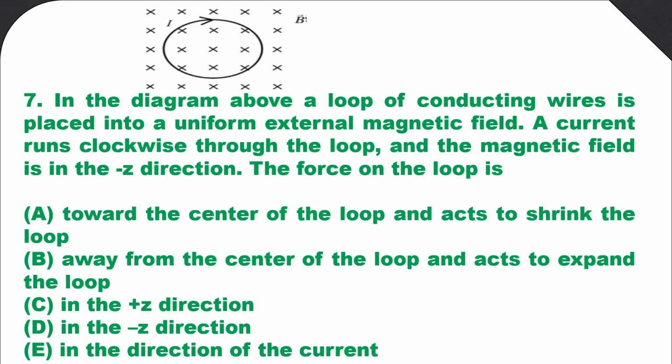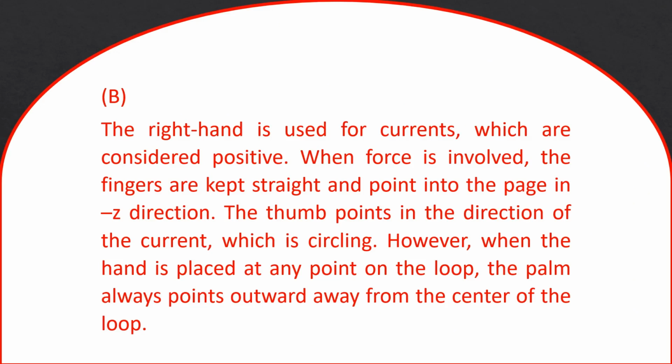If we apply the right-hand rule, the straight finger version, the right hand is used for currents which are considered positive. When force is involved, the fingers are kept straight and point into the page in the negative Z direction.